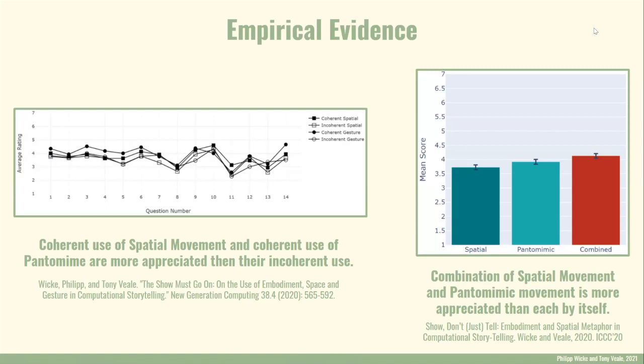On one hand, we could show that the coherent use of spatial movement and coherent use of pantomime, we called it appropriate gestures, is more appreciated than incoherent use. And then in a follow-up study, we also showed that the combination of both the spatial movement and the pantomime was more appreciated than using one of those designs alone.